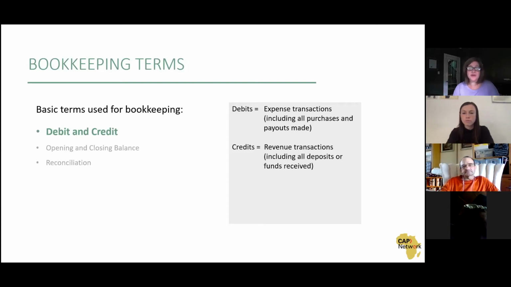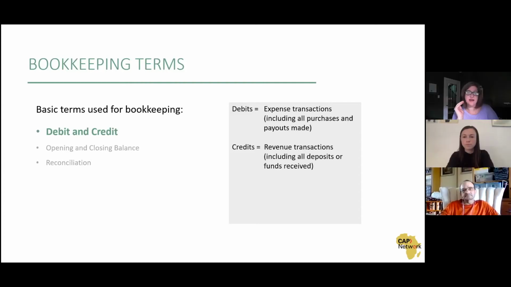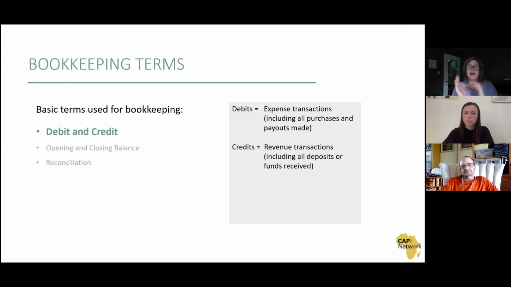For example, those are all considered to be debits and expenses. Credits are your revenue transactions. So those are any deposits of funds that are going into your account or going into the project from any source. So it means expenses and revenue, but in bookkeeping and accounting, the terms that are used are debit and credit.